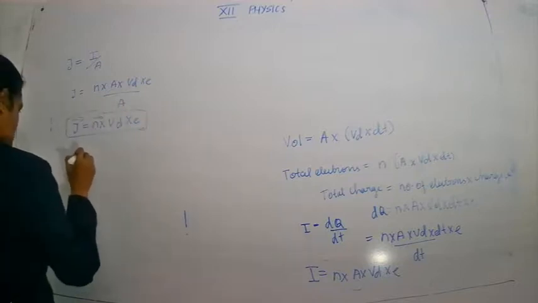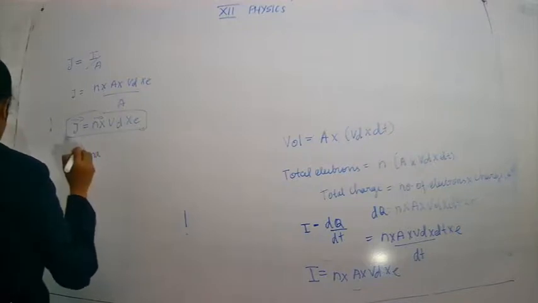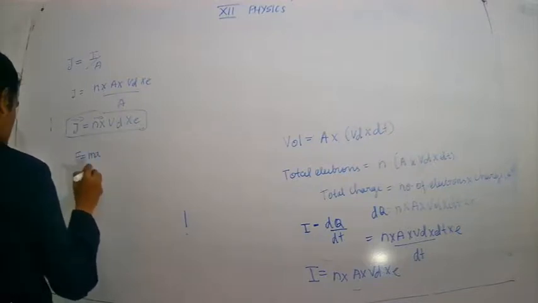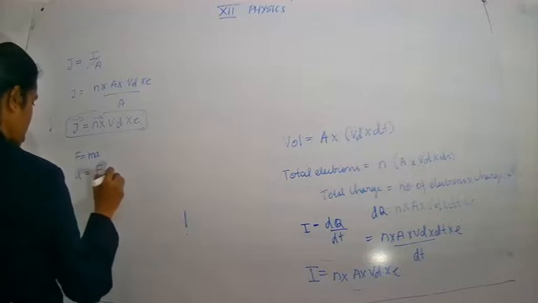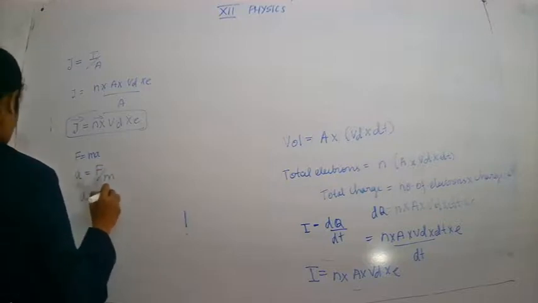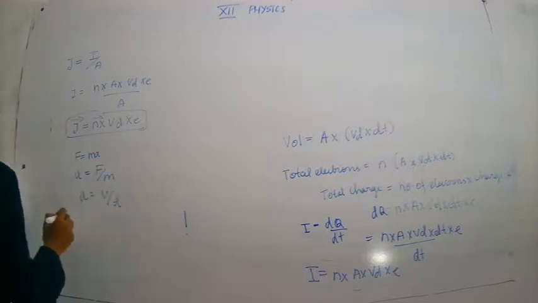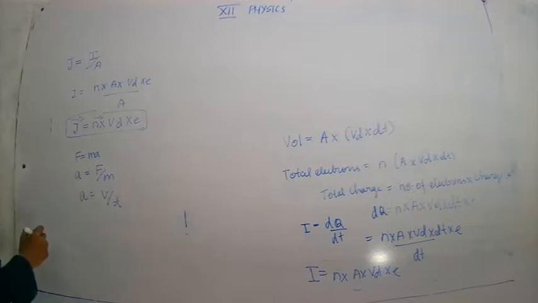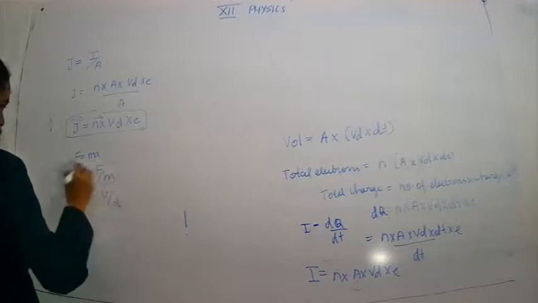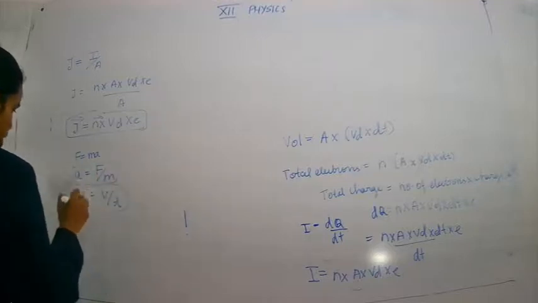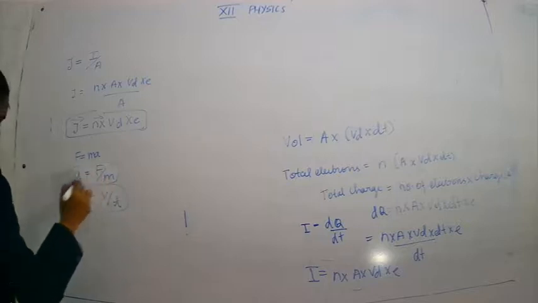Now, F equal to ma according to second law. So, a equal to what? F by m. Another formula, acceleration is equal to velocity by time, isn't it? Now, we are going to equate these two. What is force?